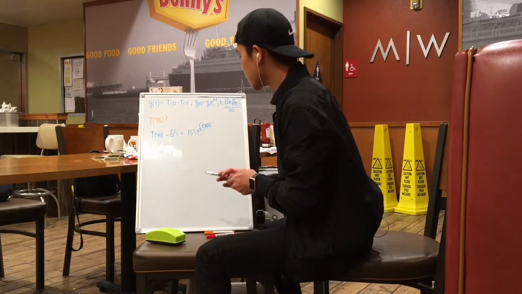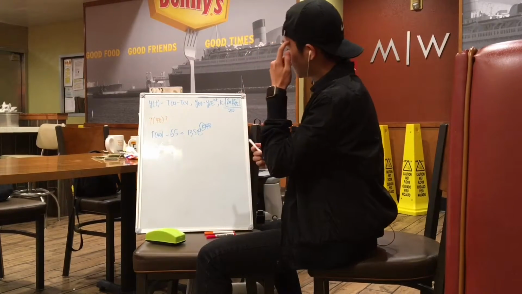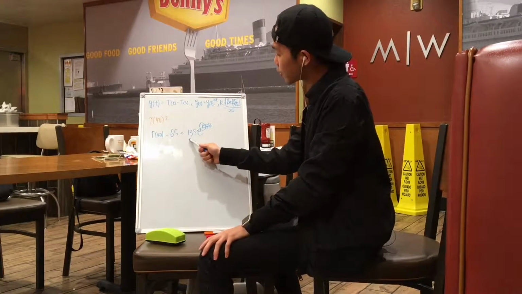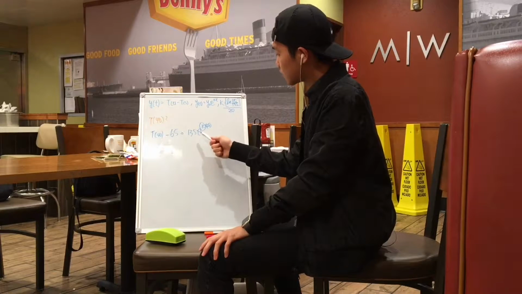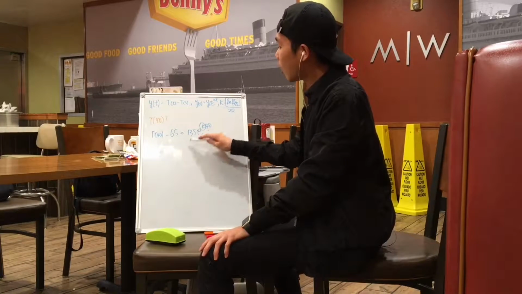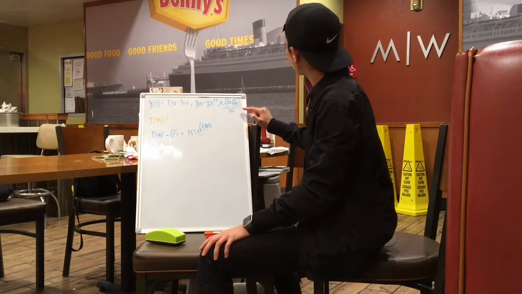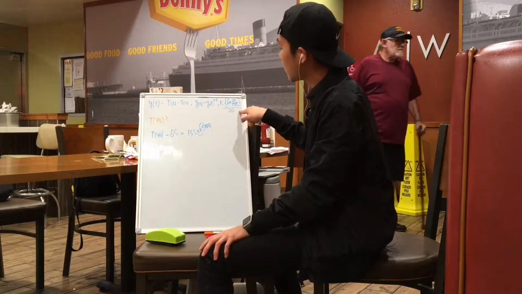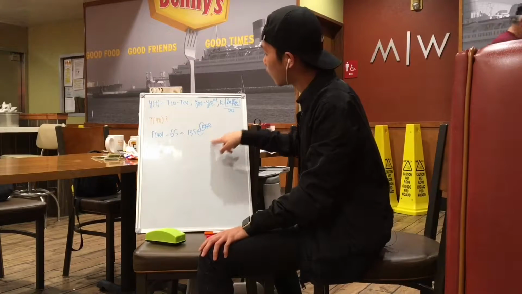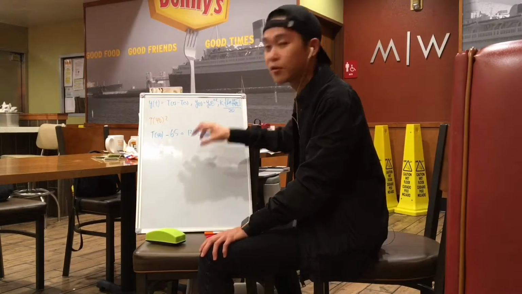So on the right side is 135 times e to the k times 40, and these are all numbers, because we have the k value here, which is going to be a negative number. So you're going to simplify that.